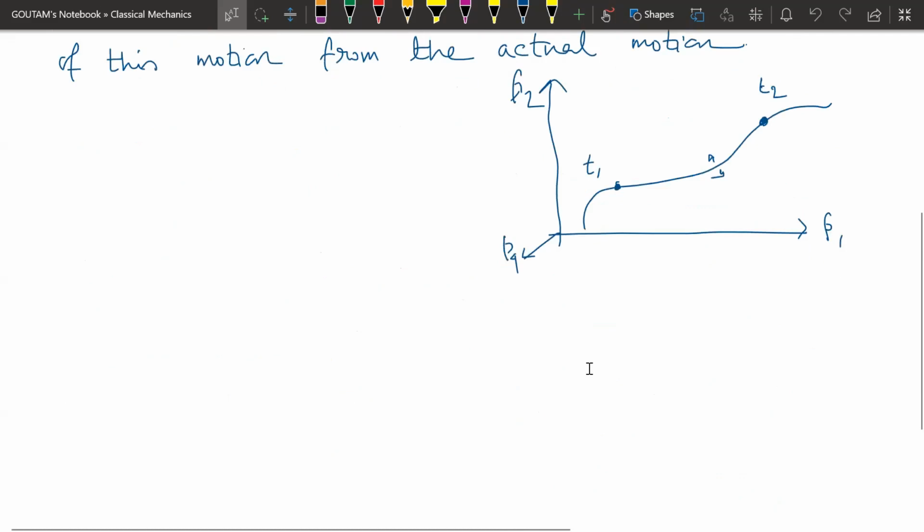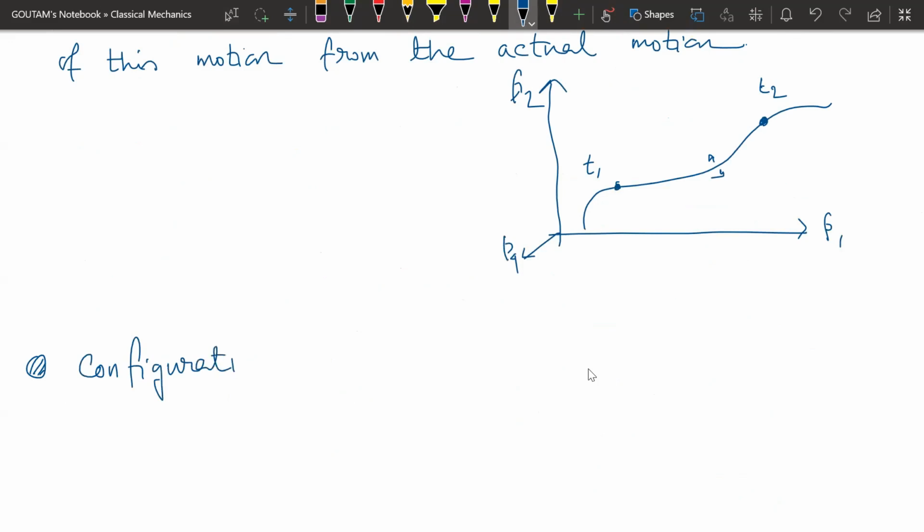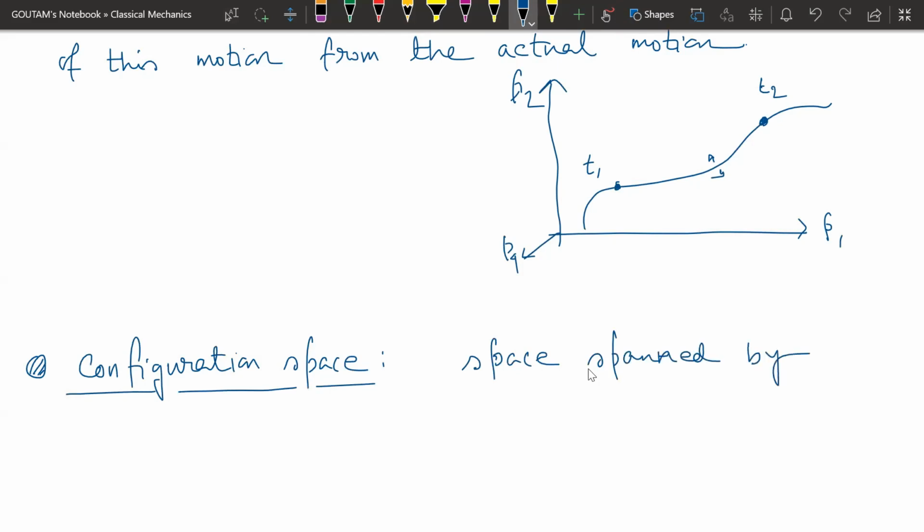Now let's define a few things first. Let's define a configuration space. Configuration space is a space spanned by the generalized coordinates.